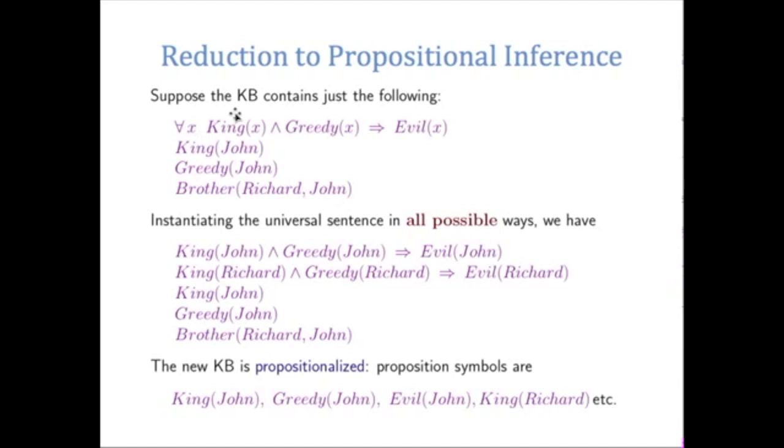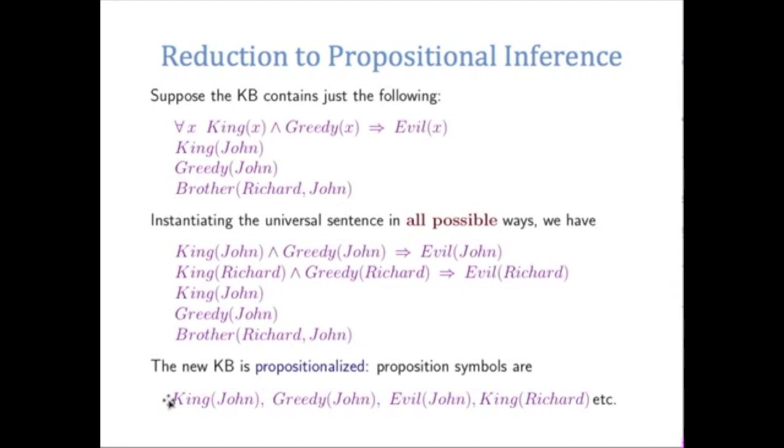In other words, it's exactly equivalent to the knowledge base above, because these are the only conclusions that we can draw from this. Taking out the universal sentence and replacing it with all its possible instantiations, we have a completely instantiated knowledge base, all ground terms, that's equivalent logically to the knowledge base with the universal quantifier.